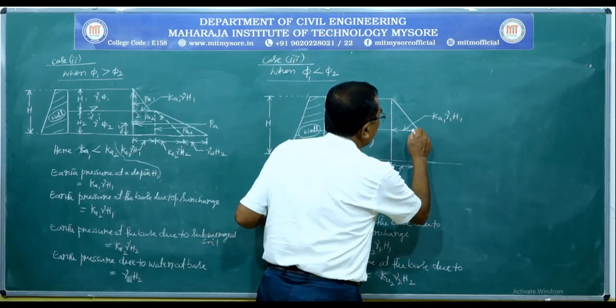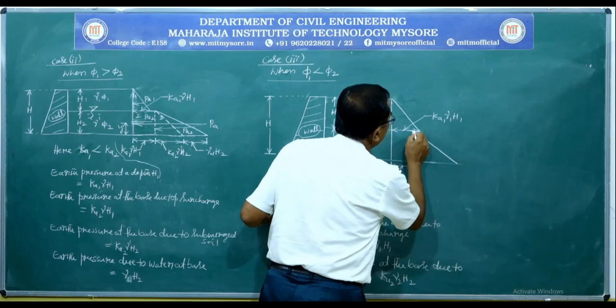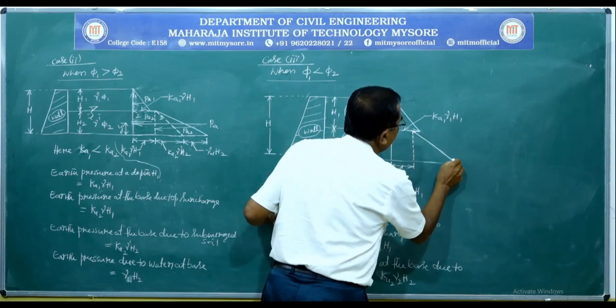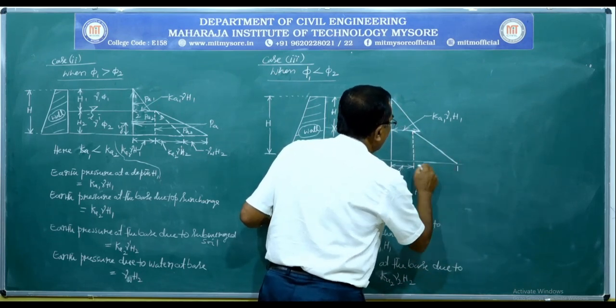So the pressure due to the bottom dry soil is equal to Ka2 into gamma 2 into H2.